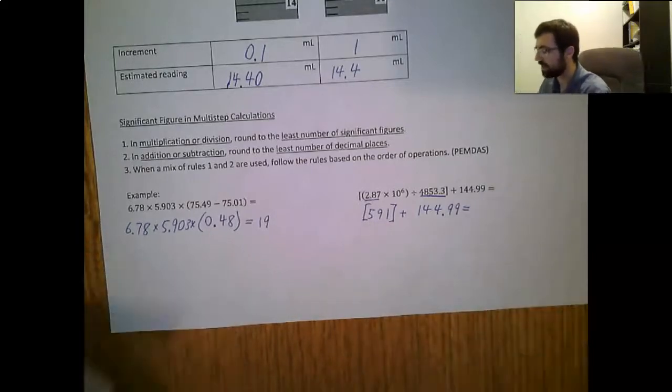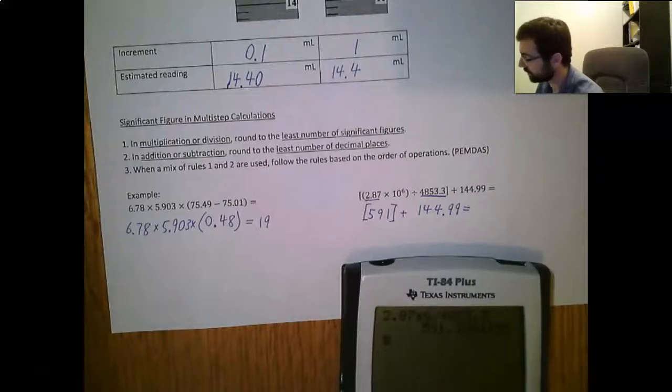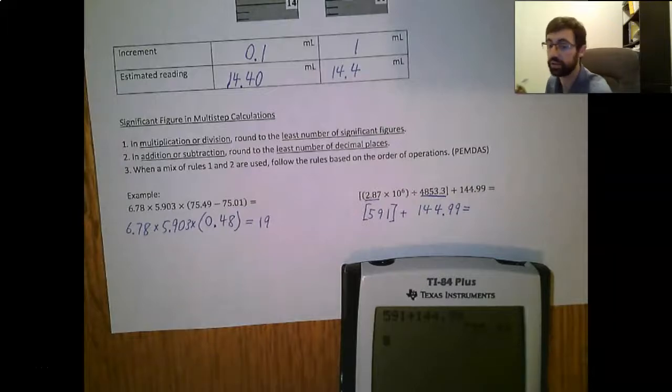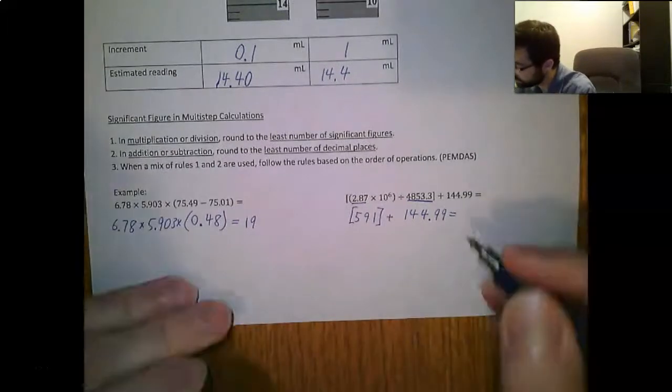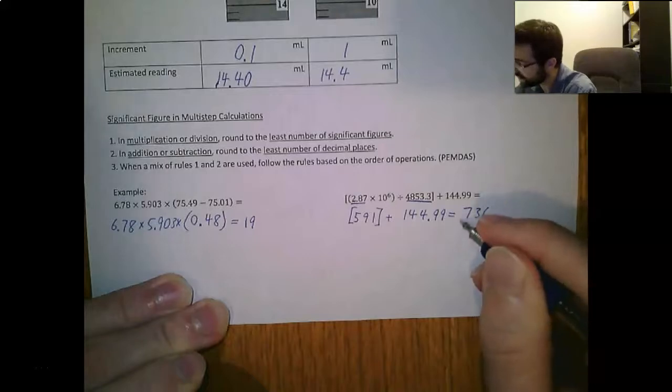So when I add these up, I'm going to make sure that I round to the nearest whole number. 735.99, that's going to round up to 736. And that's your answer for that one.